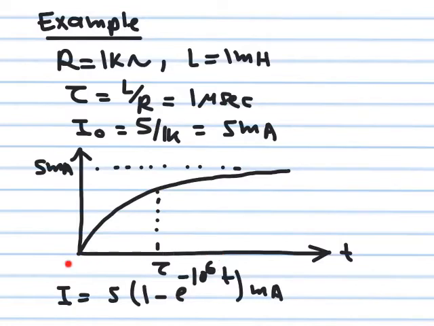So I rewrote the current for you again here. This is t over tau. But tau is 10 to the minus 6. So I can write this as e to the minus 10 to the power 6 t. So I replaced 1 over tau by 10 to the power 6. Okay, so if t is equal to tau, which is 10 to the minus 6, then 10 to the minus 6 multiplying 10 to the power 6 will give you 1. e to the minus 1 is 1 over 2.87.